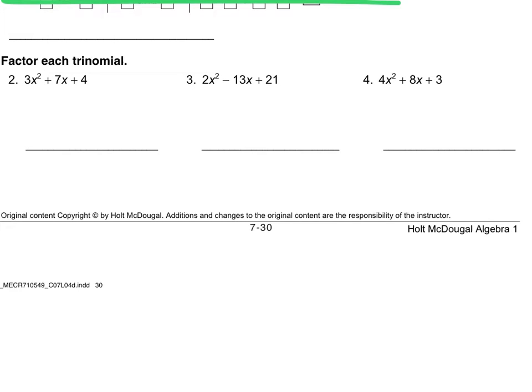I'm going to go ahead and solve number 3 for you. So for number 3, because there's a number in front of x squared, I need to incorporate it. So I'm going to multiply 2 times 21. I'm now looking for 2 numbers that will multiply to give me 42, but who will also add to give me negative 13.